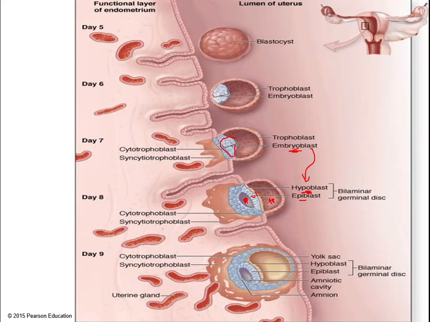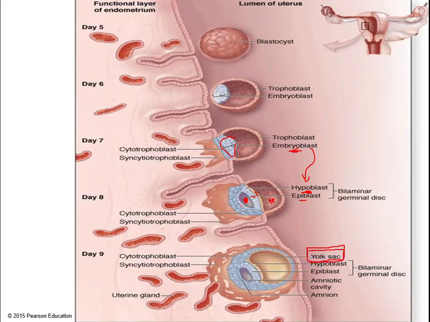Okay, now let's talk about this for a second. So this is just the differentiation of the inner cell mass. Now, what is going to happen eventually is the blastocyst cavity will give rise to one of the other extra embryonic membranes that will support the growing embryo. The blastocyst cavity will eventually give rise to the yolk sac. We can say the primitive yolk sac.